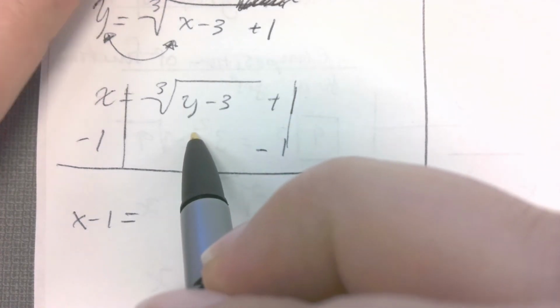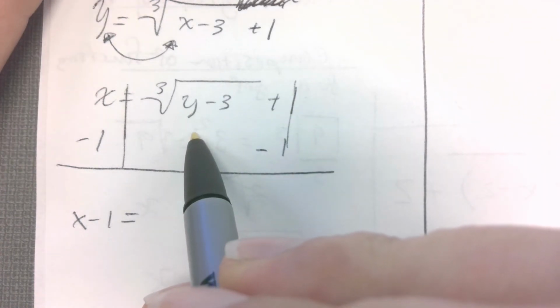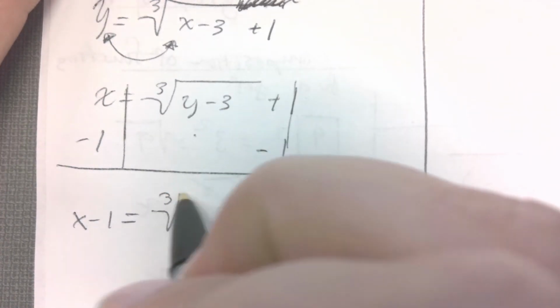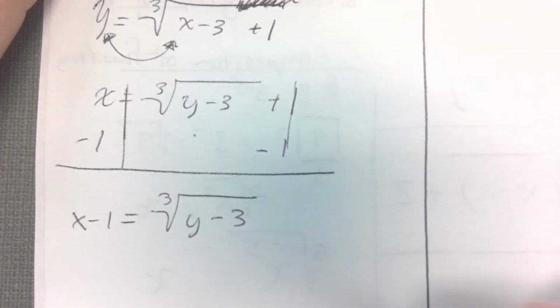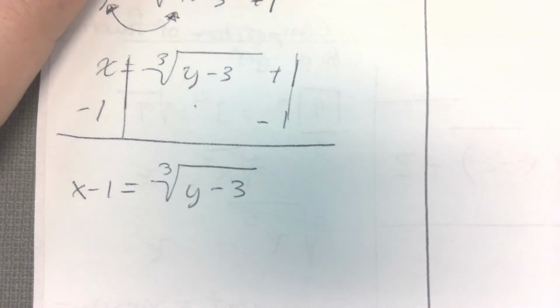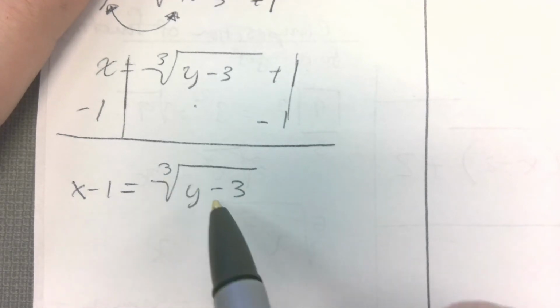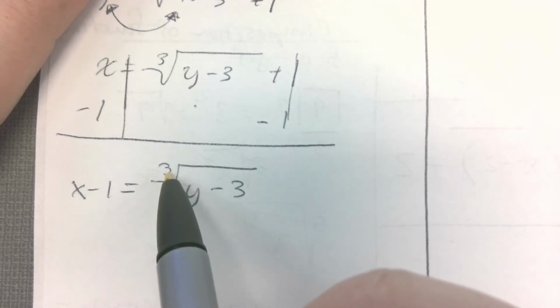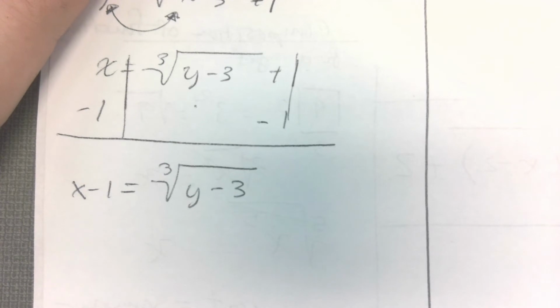Jose, what do I do with this guy? Yeah, just bring it down. Angel, what's my next step? Yeah, I want to get rid of this power of 3, right? That's a cubic root. How do we get rid of the cubic root?